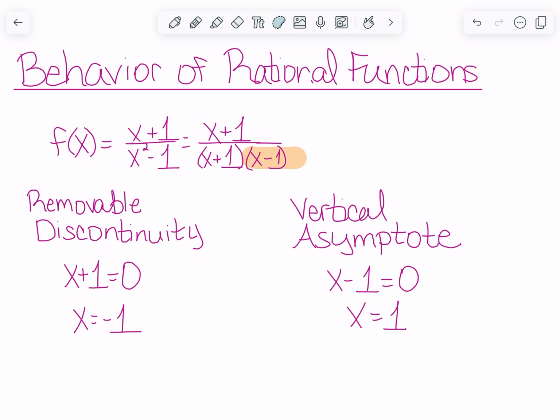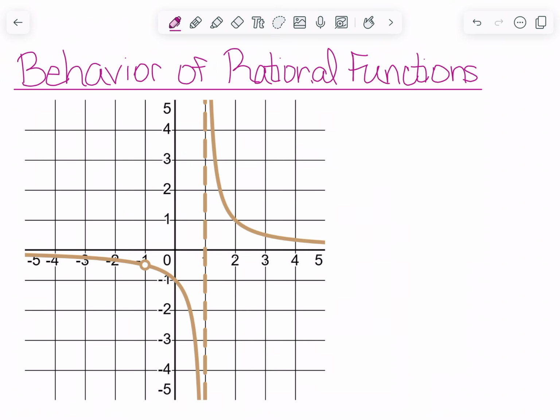This is a vertical line, which is usually denoted by a dotted line in the graph, and it's a line that the function approaches but never actually touches. So it gets infinitely close to this line, but it never actually touches. Here's a picture of this function. We see the open dot at negative 1 and the vertical line at x equal to 1, indicating that vertical asymptote. And we can also see how the graph gets really close to this line.